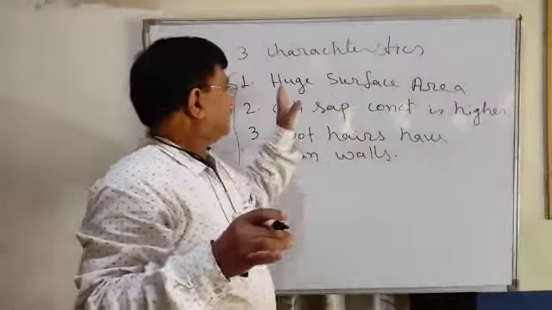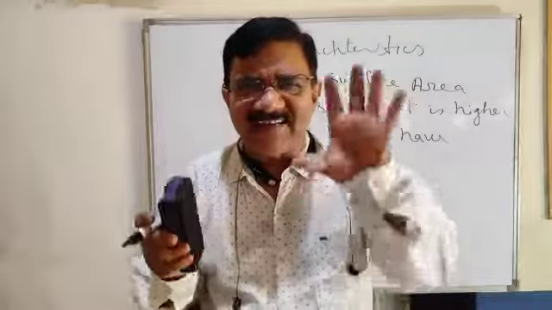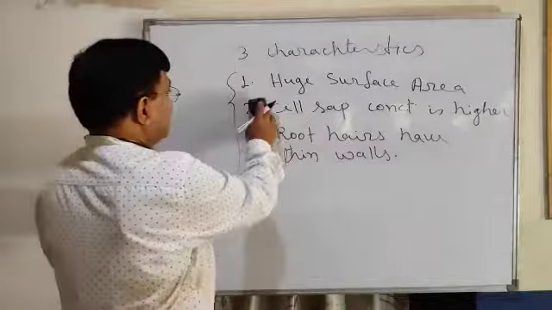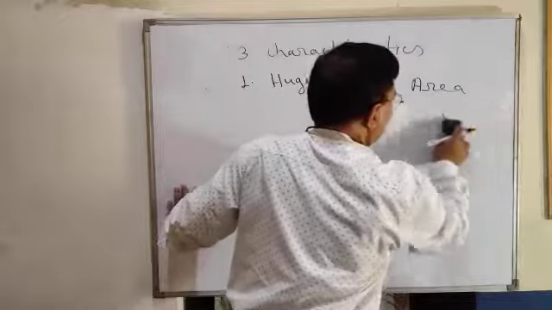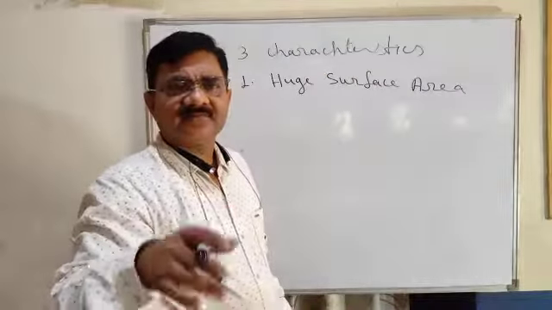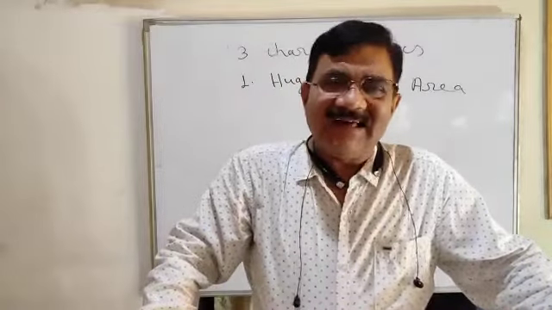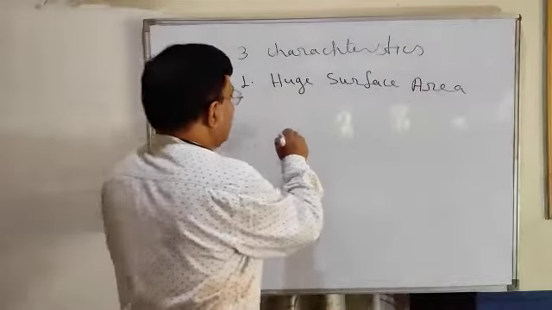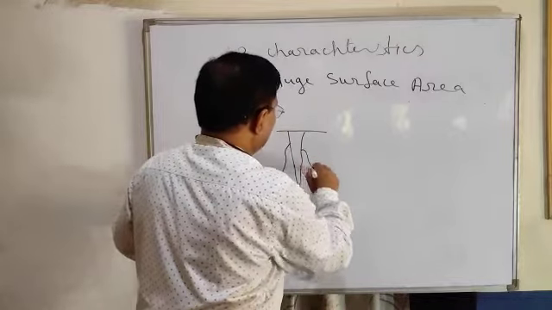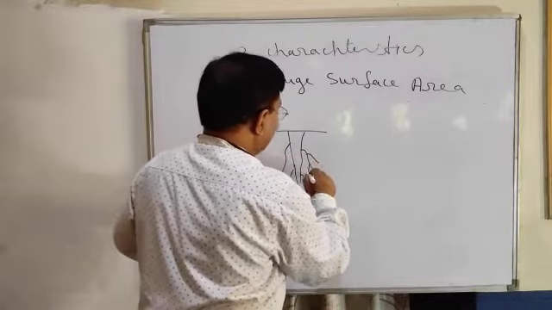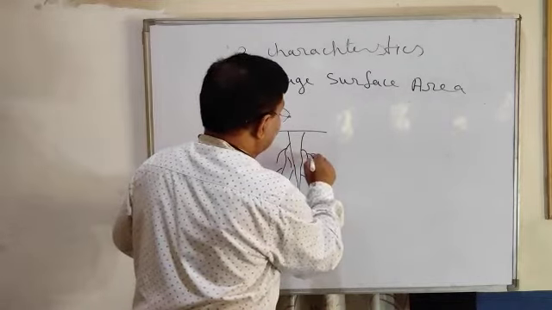First one is the huge surface area. Have you ever seen the root? Have you uprooted a small plant? Yes, must have. Let us discuss the first point. There are two types of root, taproot and fibrous root. Taproot has got a main root, that is the primary root. Through the primary root, secondary roots come out. Through the secondary root, tertiary roots come out, and in tertiary root, root hairs are there.